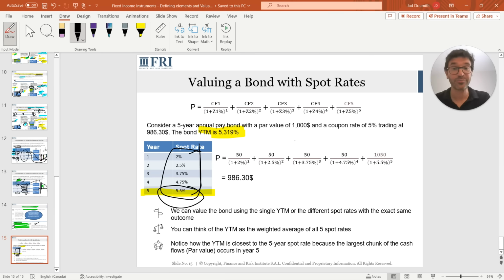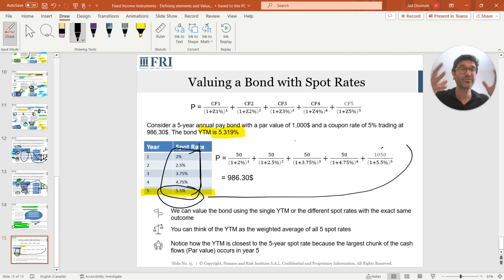Because the 5-year spot discounts $1,050, whereas the 4th spot rate only discounts 50. So the bulk of the cash flows is discounted at the 5-year spot. So if you wanted to use an average rate, which is the YTM, it's by definition mathematically the closest to the 5-year spot. The weight on the 5-year spot is actually the largest.